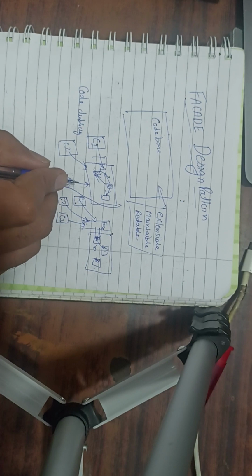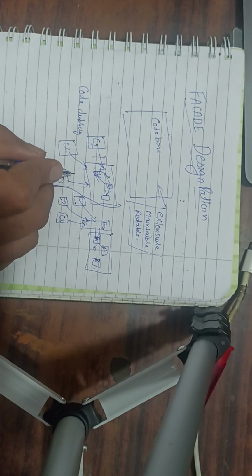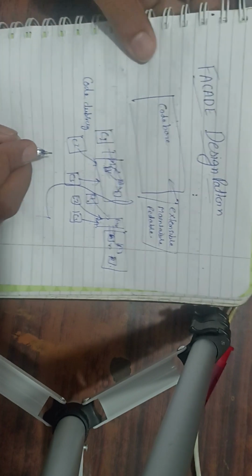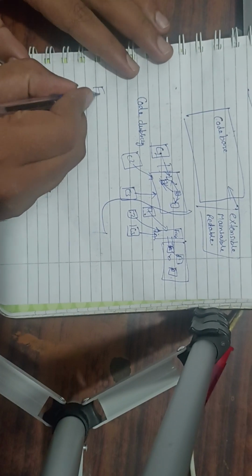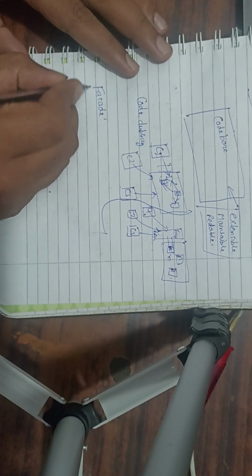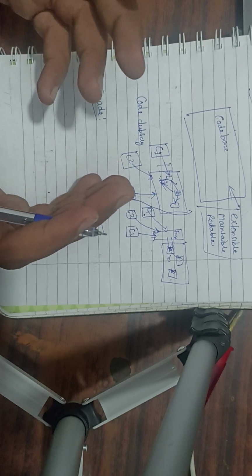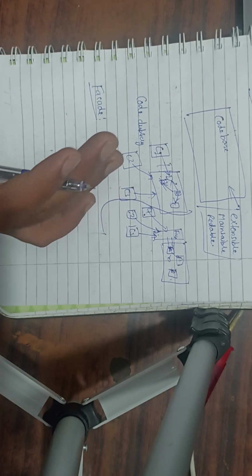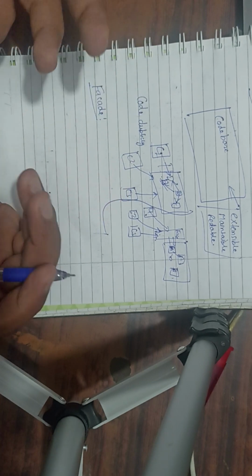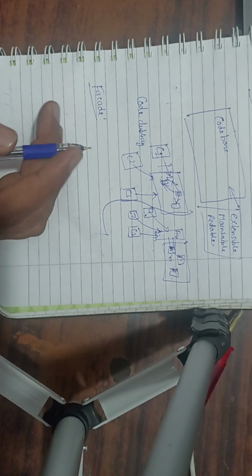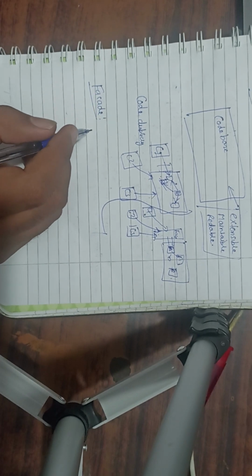The facade pattern is made up of several components, so let me introduce the terminology. Facade, if you search in a dictionary, means the front of any building, or the front of any system. So that's what we are creating. The facade provides a simple interface to a complex subsystem.